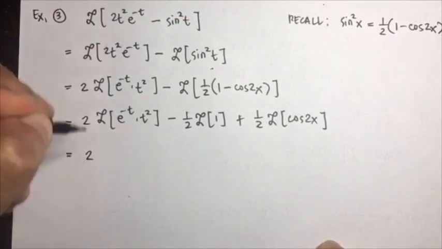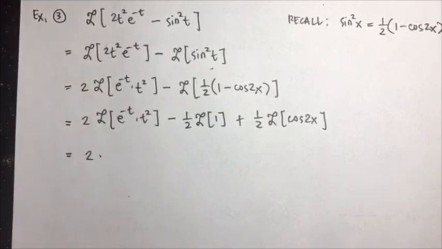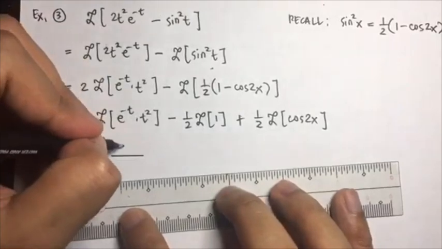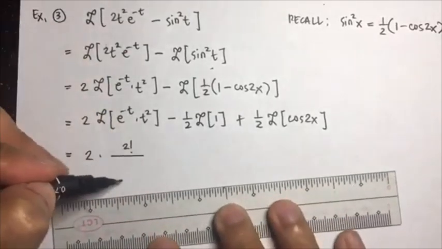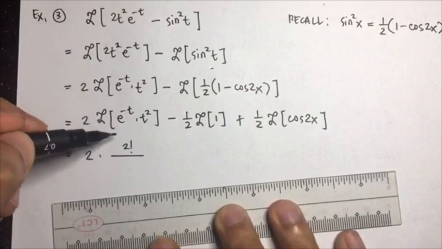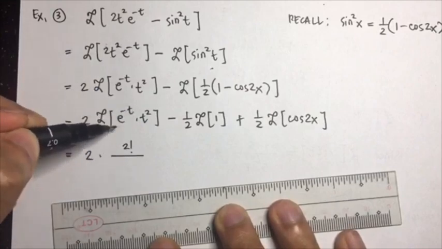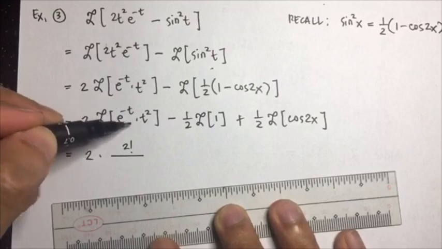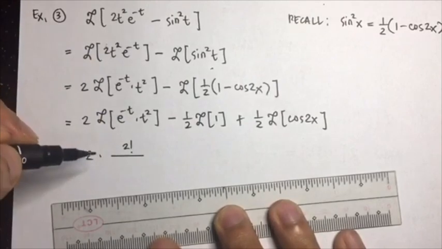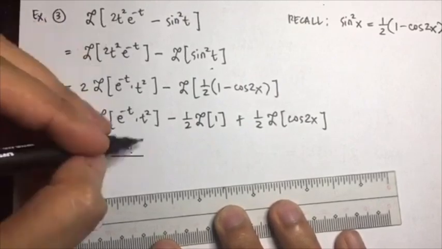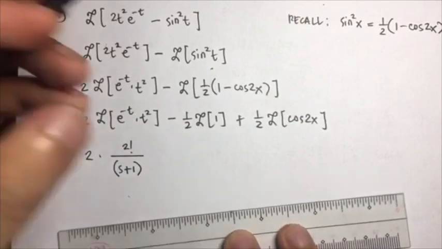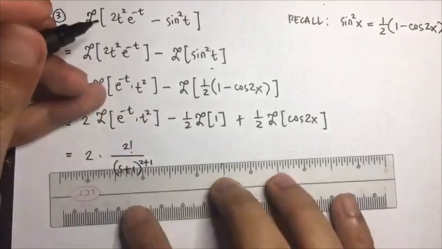So this will become 2 times the Laplace transform of t squared, 2 factorial over s raised to 2 plus 1. Since we have a multiplier of e raised to the negative t, we follow the first shifting property, where s is replaced by s minus negative 1 or s plus 1. So over s plus 1 raised to 2 plus 1.